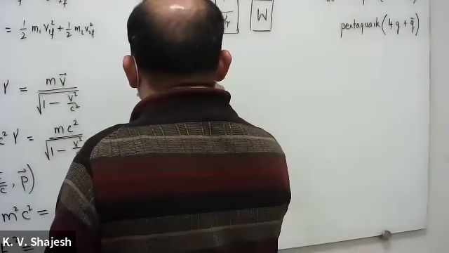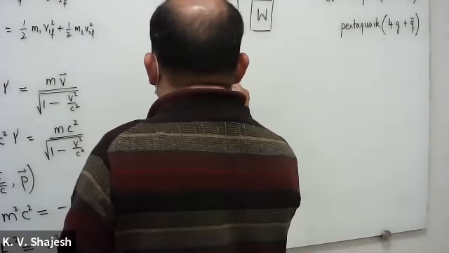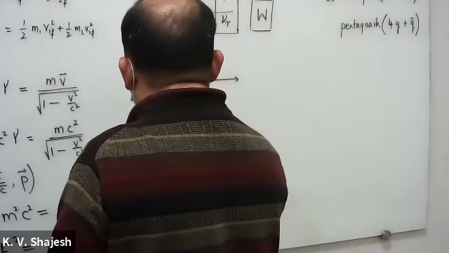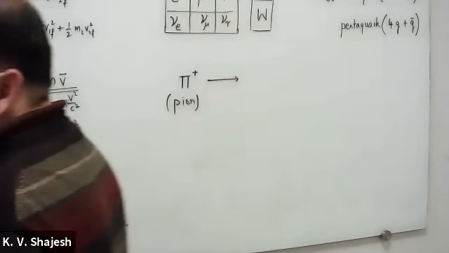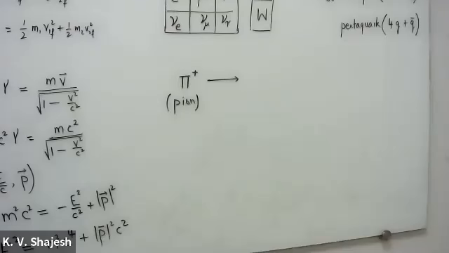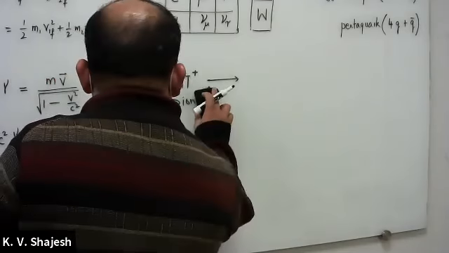So this is a pi, which is positively charged. So this is called a pion, which is a positively charged meson. So basically, I should say, it's called a pion, but it's basically a meson.